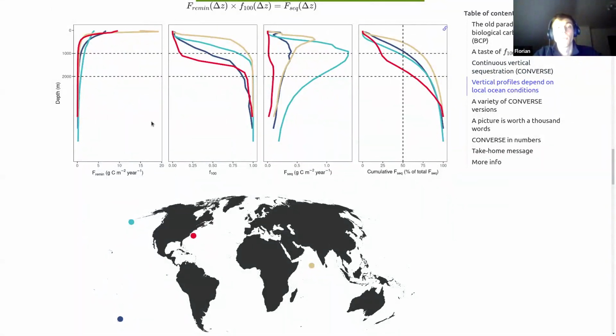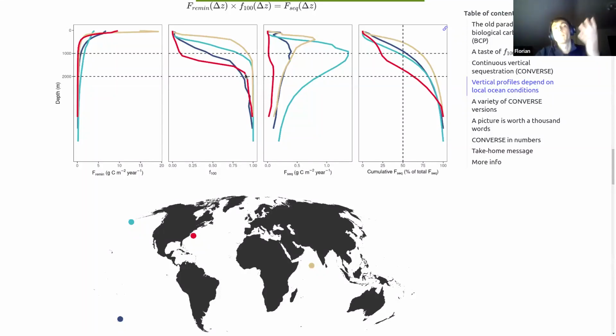Then you have different profiles of the F100 factor, where you can see that at 1000 meters, the F100 factor is already around 0.8 near the Arabian Sea, where I showed you earlier that you already are at 0.5 or more at 100 meters. But on the other end, you see that near the eastern coast of the US, you are only below 0.2 at 1000 meters, and then it reaches quite rapidly a higher value at 2000 meters.